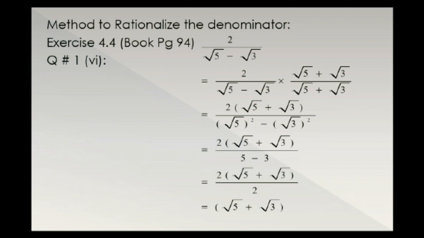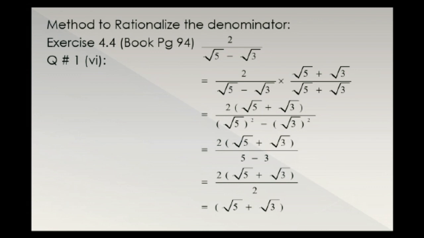We will take its conjugate. What is the conjugate of under root 5 minus under root 3? That is under root 5 plus under root 3. So with the conjugate, we will multiply and divide this fraction. 2 over under root 5 minus under root 3 will be multiplied by under root 5 plus under root 3 and divided by the same conjugate, under root 5 plus under root 3.